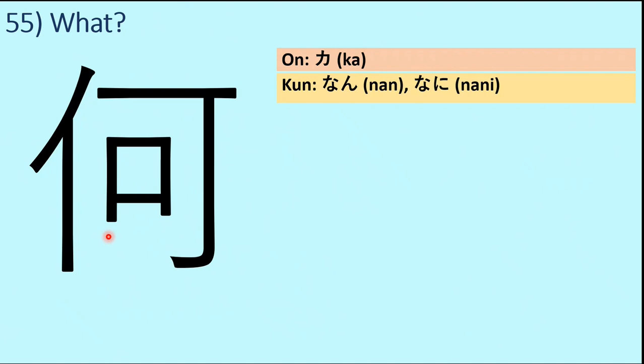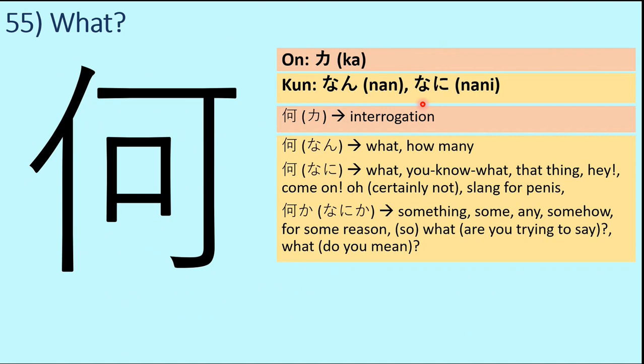In On'yomi we call it ka, and in Kun'yomi we call it nan or nani. Nan and nani both represent the what question, and where nan will be used and where nani will be used, we have discussed in detail in that lesson. I am not going to repeat that in this lesson because this is the lesson for kanji and not for grammar. So please go back there if you want to understand the difference between the two.